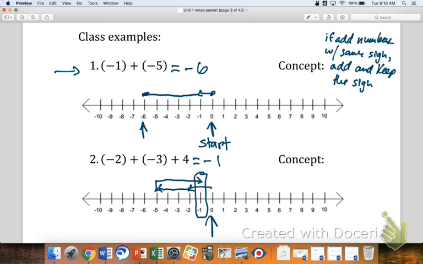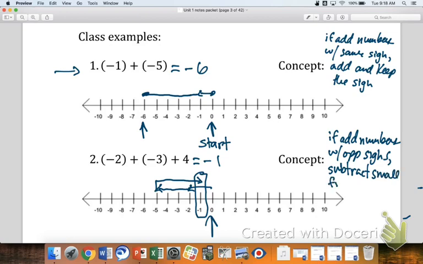Concept. So if you are adding numbers with opposite signs, what you do is you subtract the smaller from the larger, and keep the sign of the larger.